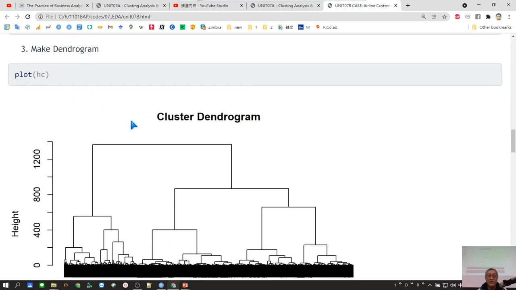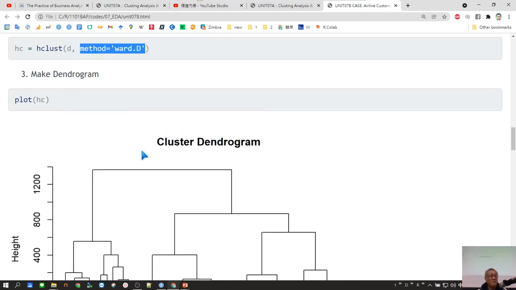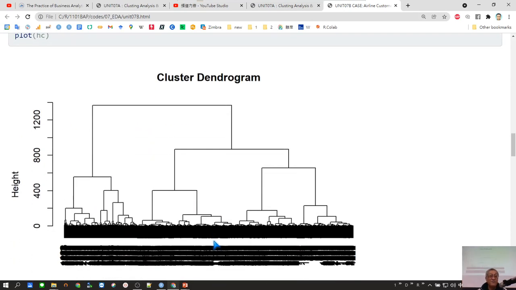Now here is the dendrogram. Looking into this dendrogram, you can cut it into 1, 2, 3, 4, 5 groups, or I think 5 or 6 groups is a good choice.